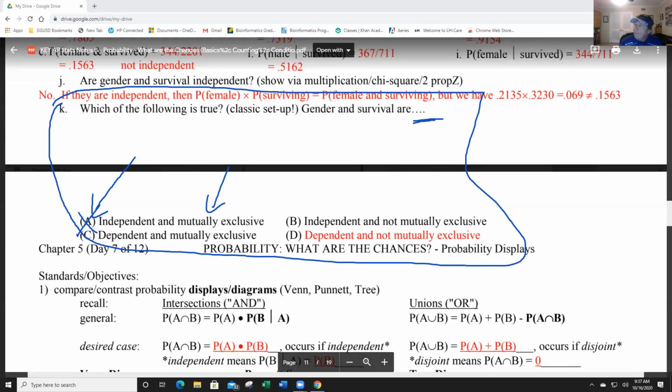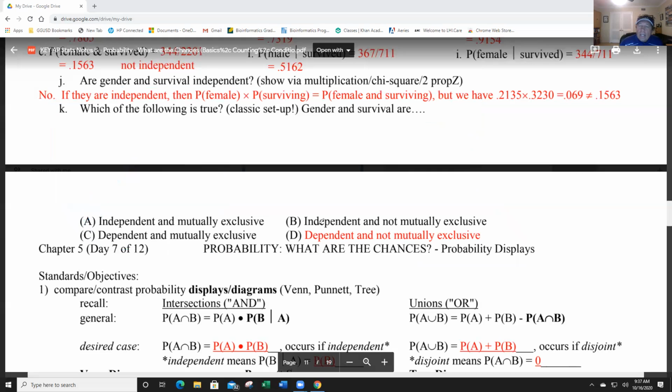All right, item B: independent and not mutually exclusive. Not mutually exclusive is your double negative. I think I misspoke that earlier. Mutually exclusive means can't happen at the same time, so not mutually exclusive means can't not happen, so it does happen. A good example of this is flipping a coin and getting heads, or rolling a die and getting a 4.